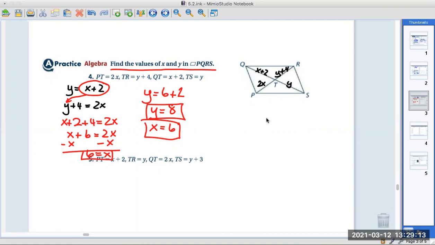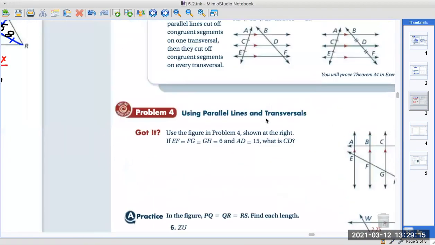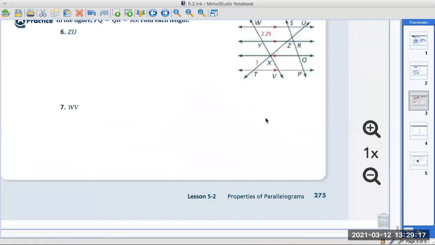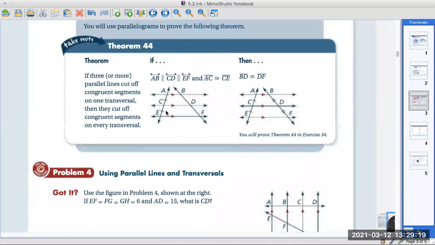Next page, is it on here? Yep. Up here on page 275, it will tell you something about parallel lines and transversals. So if you have 3 or more parallel lines that are cut off by transversals, all these segments here and here are congruent. And same on the other side.